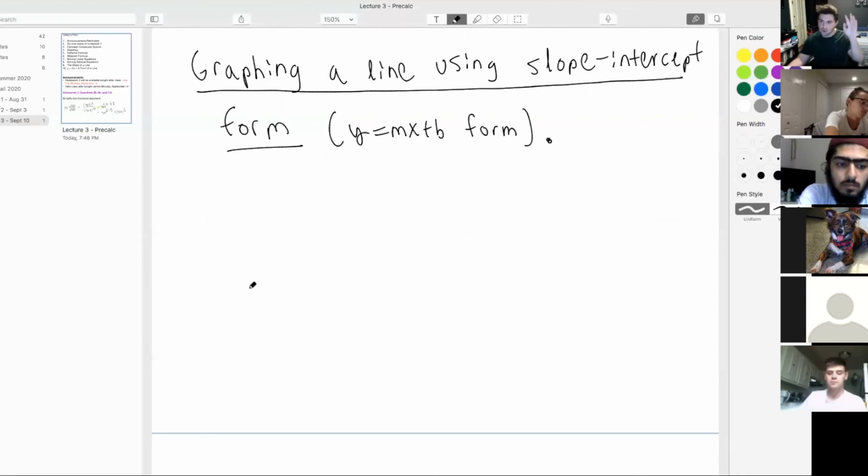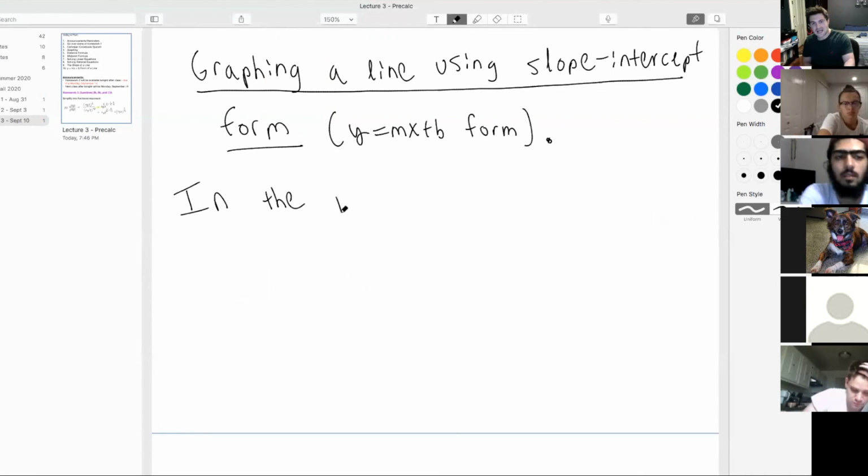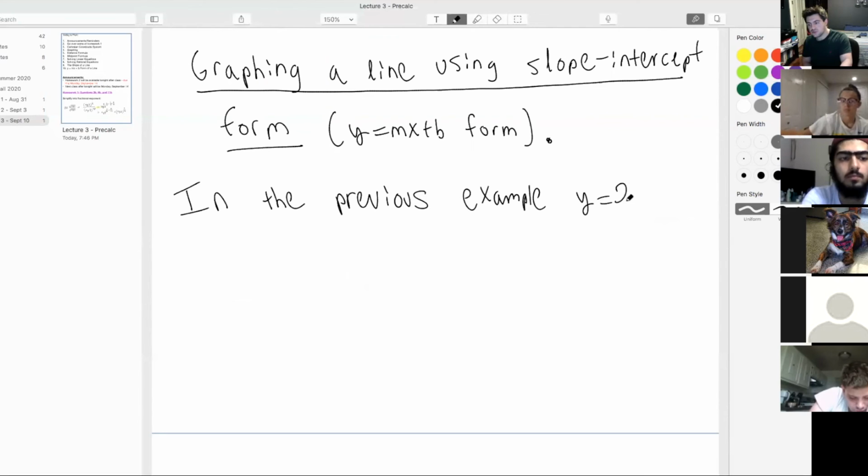Okay, so I just have to write a bit, and then we'll get to an example. So in the previous example, y equals 2x plus 3, the slope, recall, was 2.